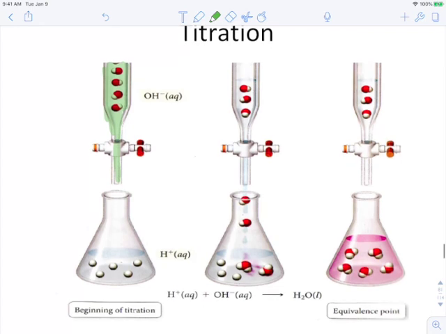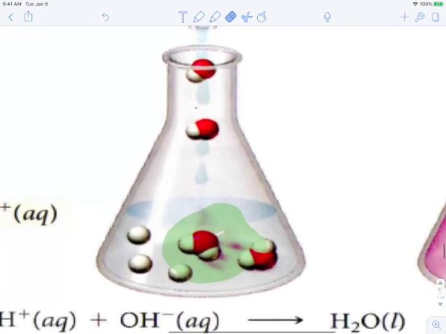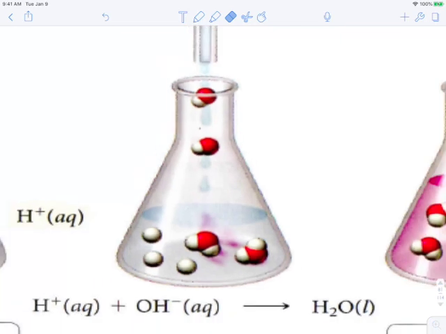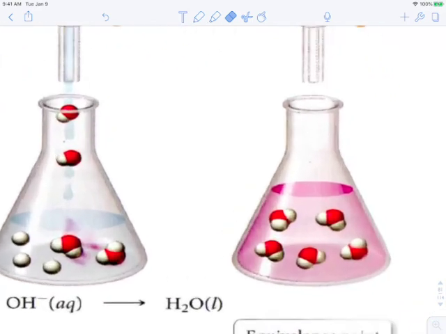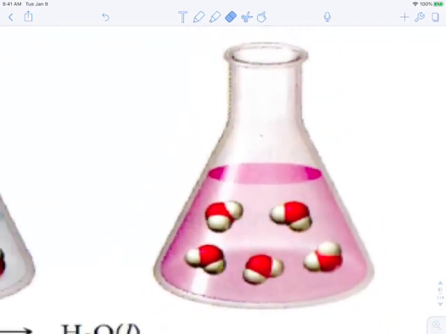Once the base starts going in, we see a little bit of pink in here, which I actually just colored green. That little bit of pink is from an indicator that we usually use called phenolphthalein. And phenolphthalein will turn pink in basic solution, but it's colorless in acidic solution. So it's really good for titration, so that once we make a basic solution, it turns pink like so.